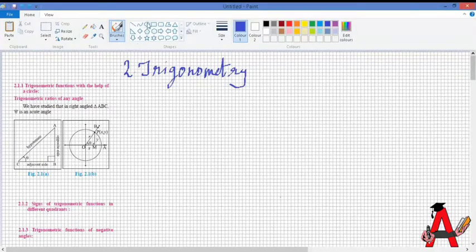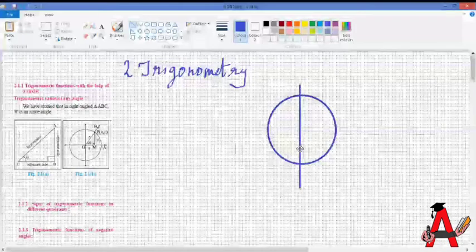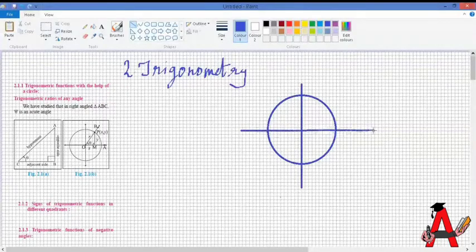Now, as you can see, a circle here. Suppose I draw a circle. In this circle, I'll draw a y-axis and an x-axis. Suppose this is the y-axis and this is the x-axis, and I can name them x dash and y dash.